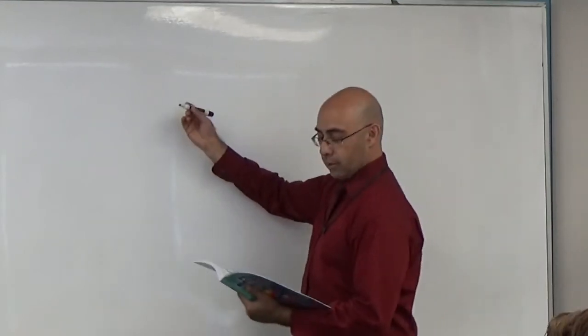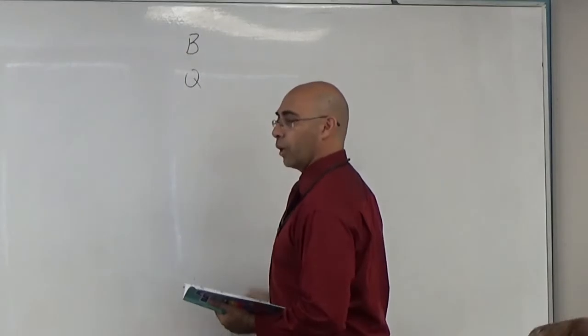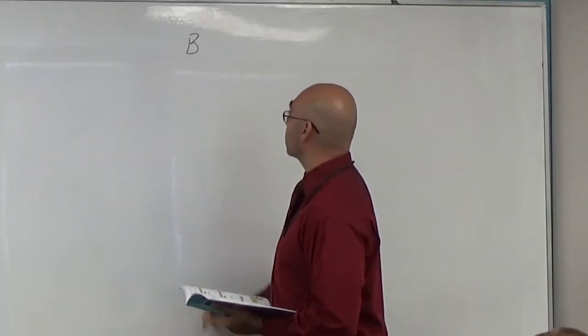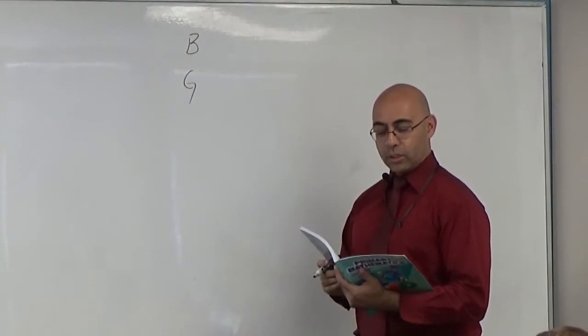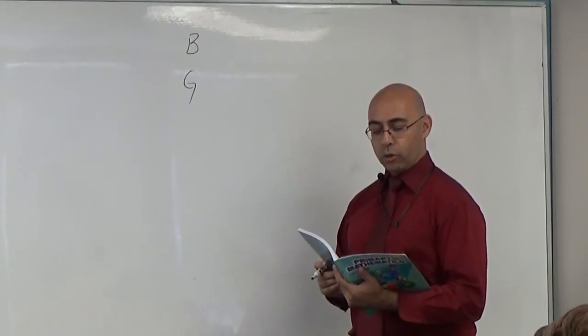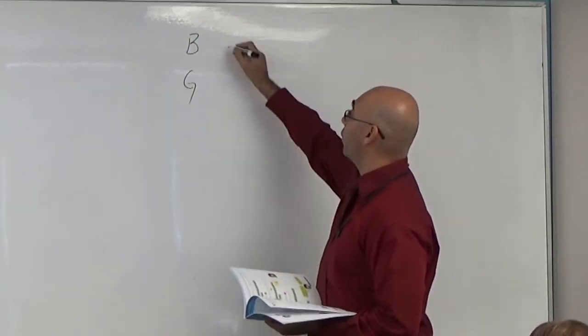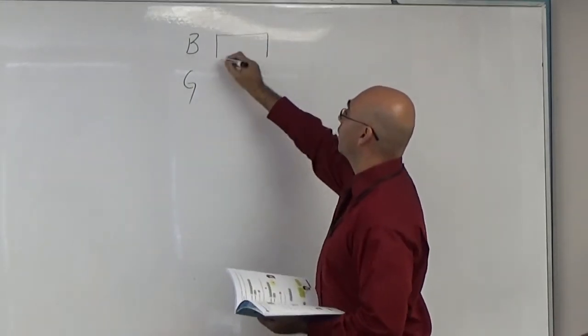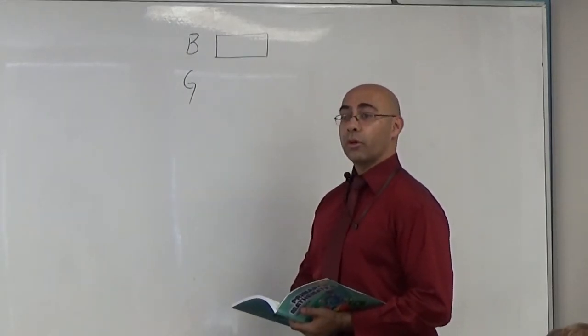So we have boys and we have girls. I don't know why I put Q for girls because I'm thinking quarters. We have boys and girls. It says there are 6 more girls than boys. So it says there are 12. So if I look at this, for boys, let's say I don't know how many boys there are, but there are 6 more girls, correct?